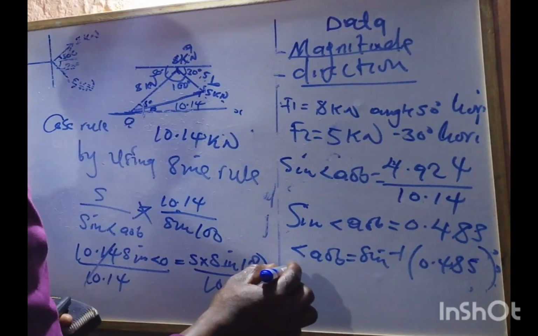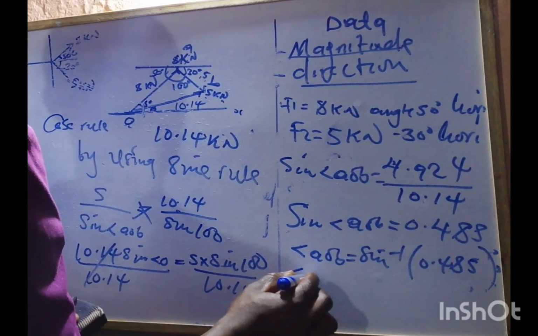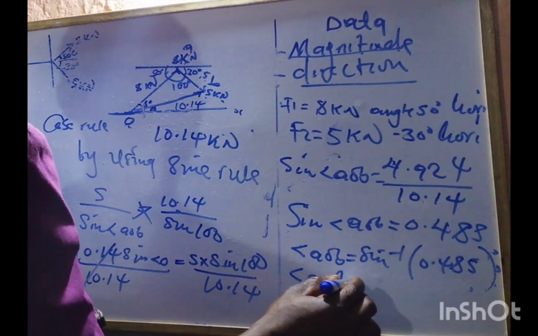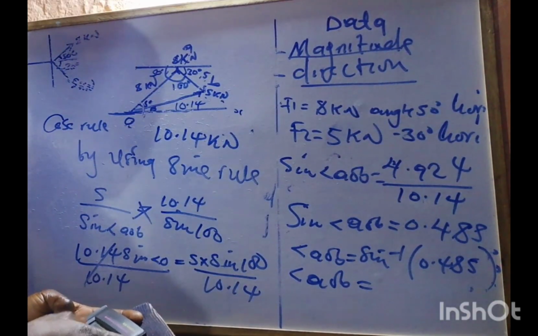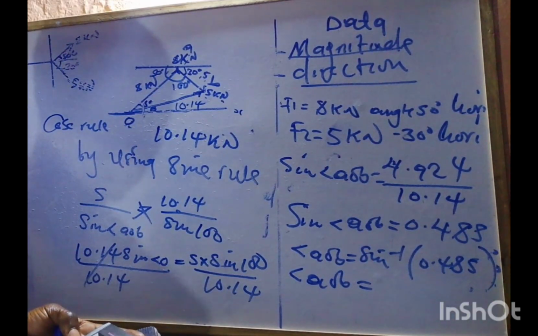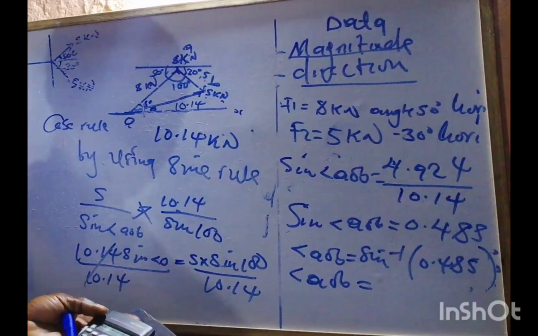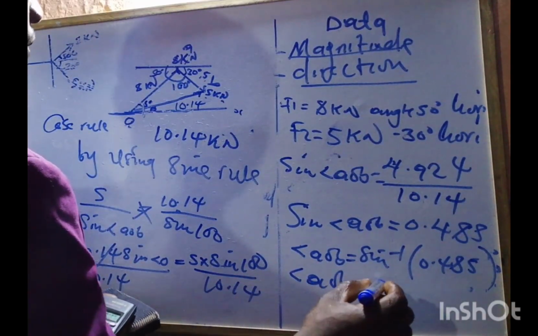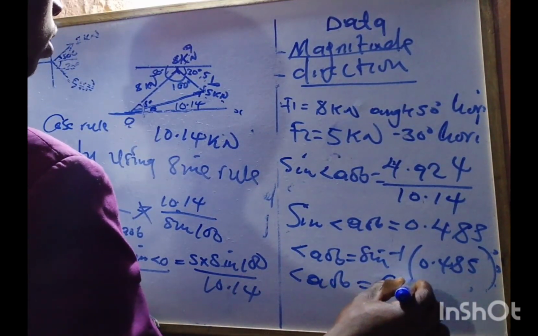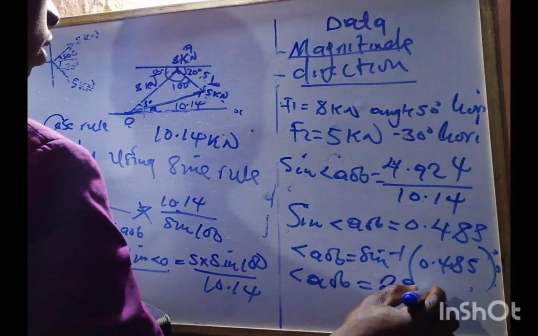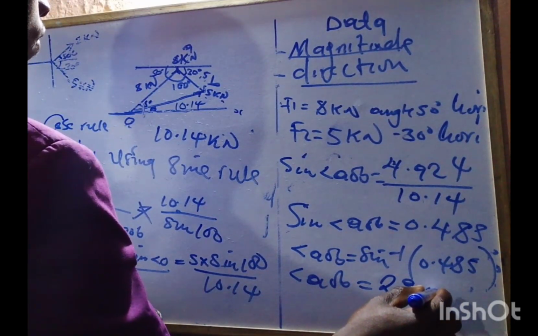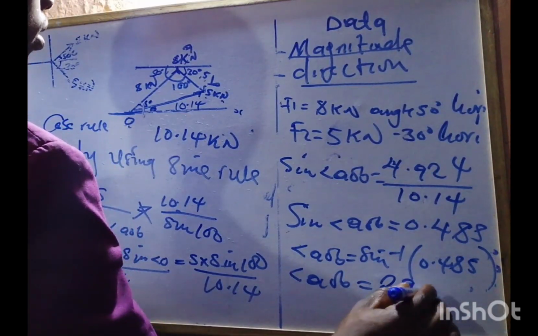Angle AOB will be equal to, when you punch on the calculator shift sine, 29.05, which is about 29.1 degrees.